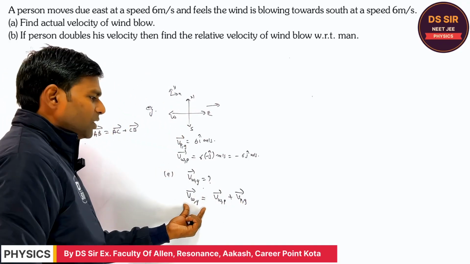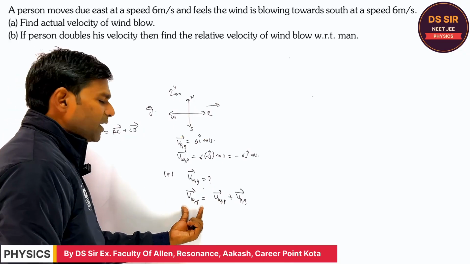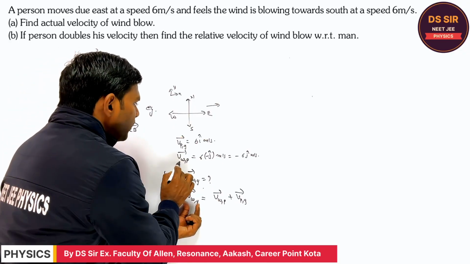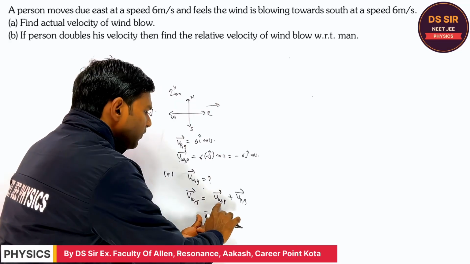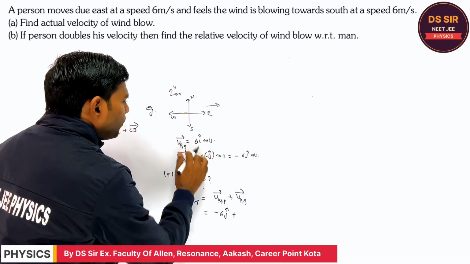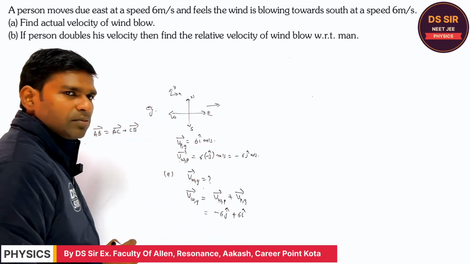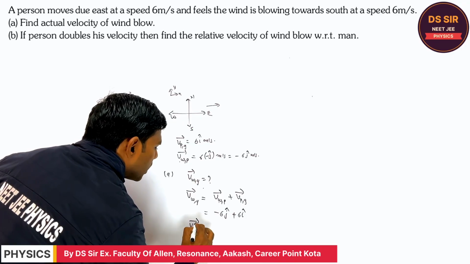This is the vector equation to find the velocity. So we have to find the velocity of wind with respect to ground, which is the sum of the velocity of wind with respect to person and the velocity of person with respect to ground.